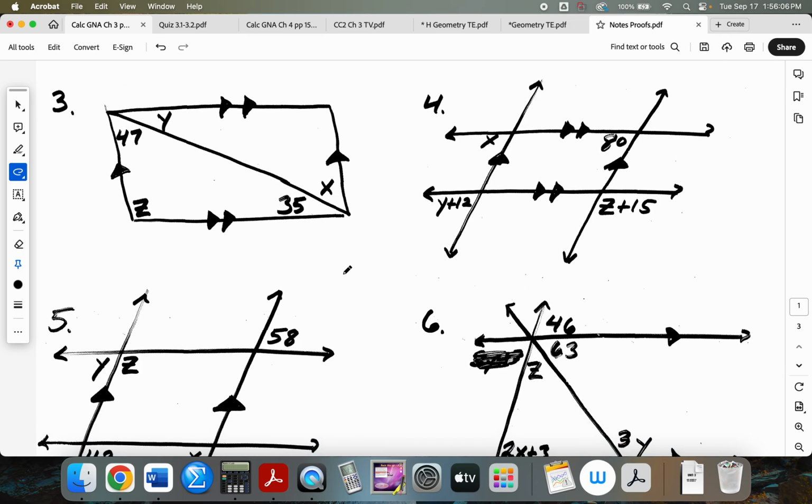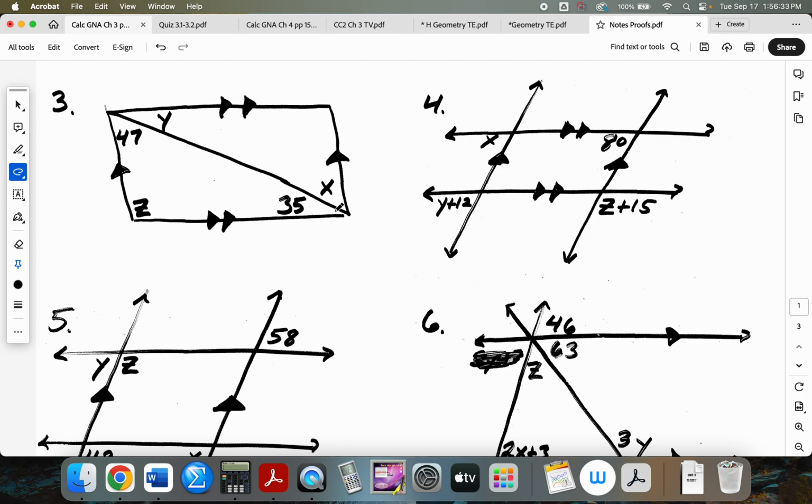Now let's look at this next one. This one sometimes bothers students because of the way that it's drawn. In this case, both the top and the bottom and the left and the right are parallel. So we've got lots of choices. But if we're looking at x, we don't want to go with the parallel line.